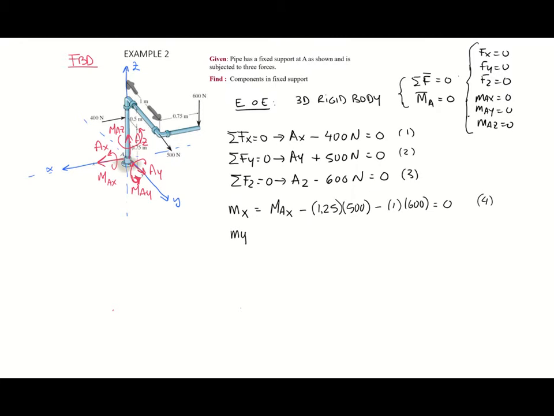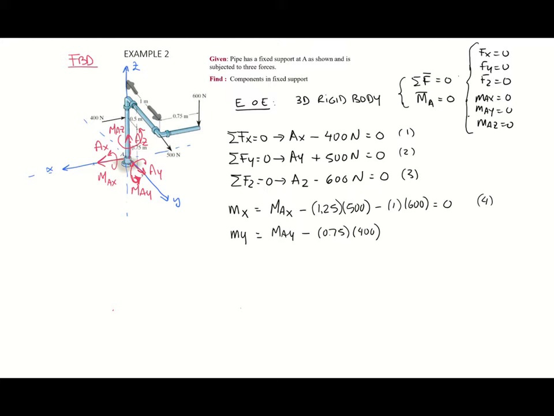Then I have moment with respect to axis y. With respect to axis y, 500 doesn't generate any moment because it is parallel to y. So I have the 400 and the distance from the axis is 0.75. So I will write again my moment in y minus 0.75 times 400.